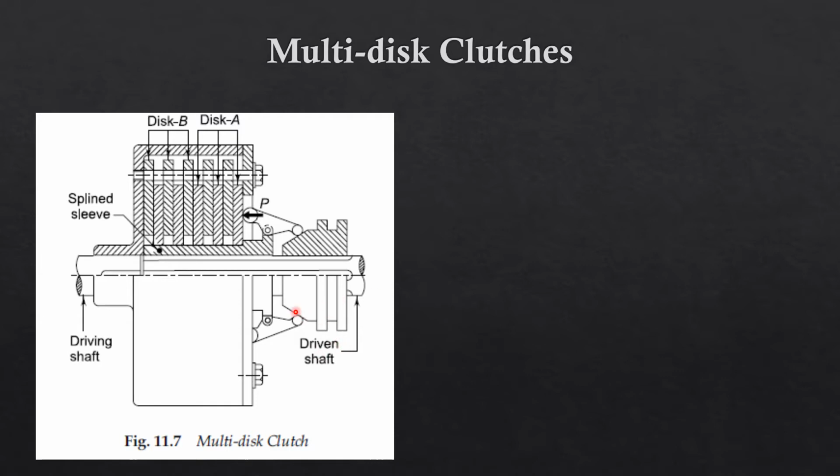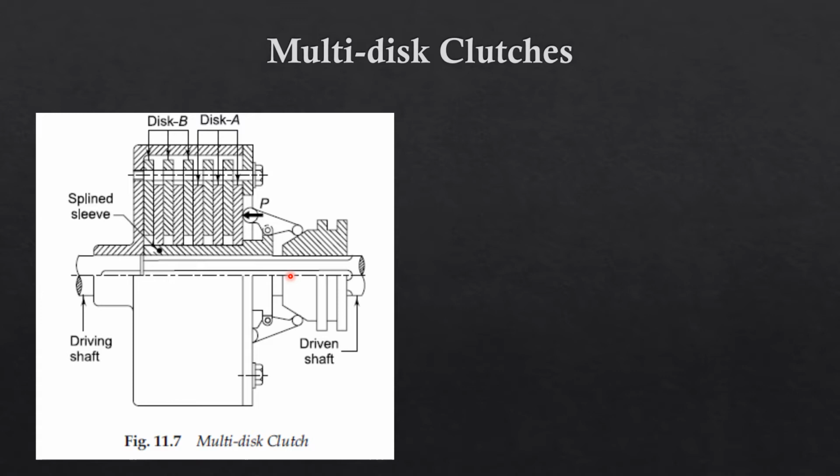Power from the flywheel engine is transmitted onto the driving shaft, then to disc B, from disc B to disc A, and from disc A to the driven shaft. Now we use springs to exert the axial force needed to keep disc A and B pressed. For disc A to come in frictional contact with disc B, the axial force is important. So this is how a multi-disc clutch works.